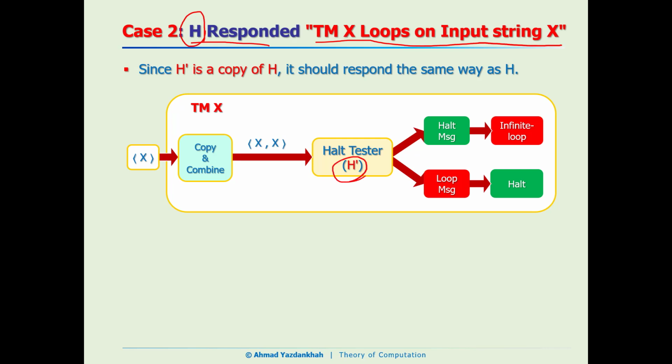When we say H responded to this, then H prime should behave exactly the same, right? And since we intentionally negated the output of the H prime here, in both cases the response will be different and it will be wrong.